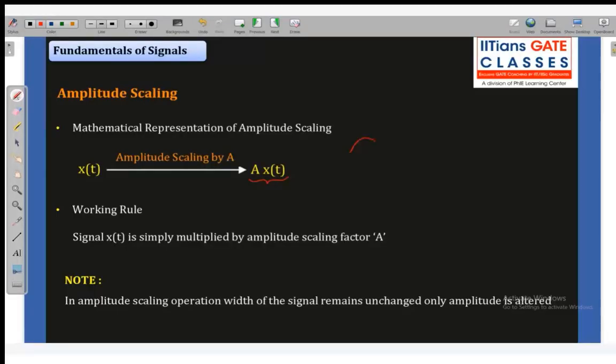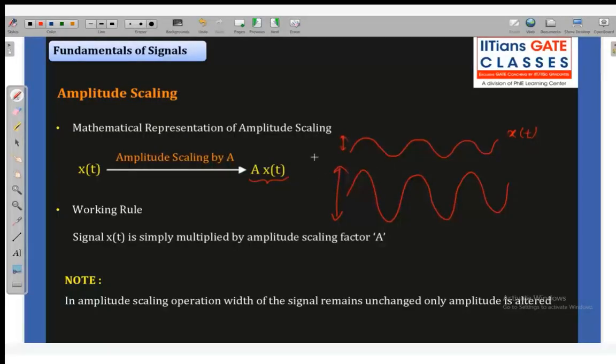Suppose the sound is like this, then when you have x of t like this, or suppose you increase the volume, then its amplitude will get increased like this. Only the amplitude gets increased, it will not change the shape. The shape is still the same because I'm drawing roughly, so it may be a little bit up and down, but you can understand that this is the amplitude now and it was the amplitude previously.